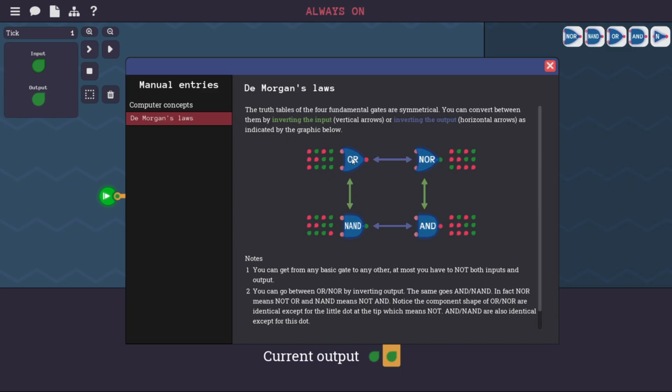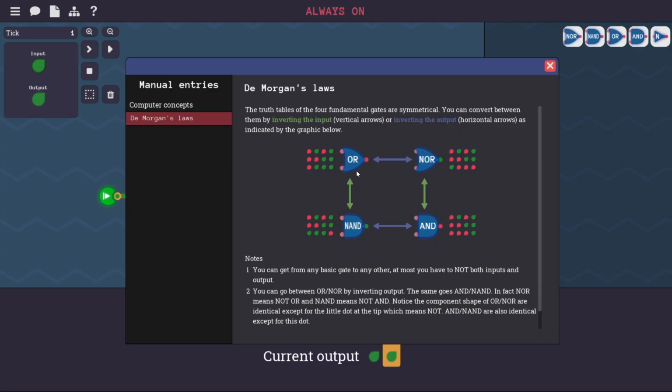Oh, that means if I have an OR and just invert the input, using this NOT gate before the OR, I get an AND gate, if that's what I'm getting. Or inverting the outputs for the horizontal. Oh, okay.